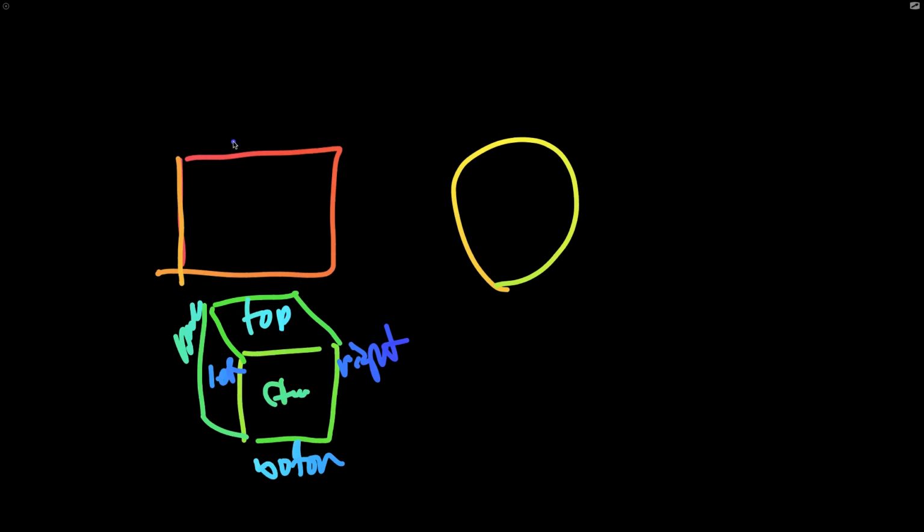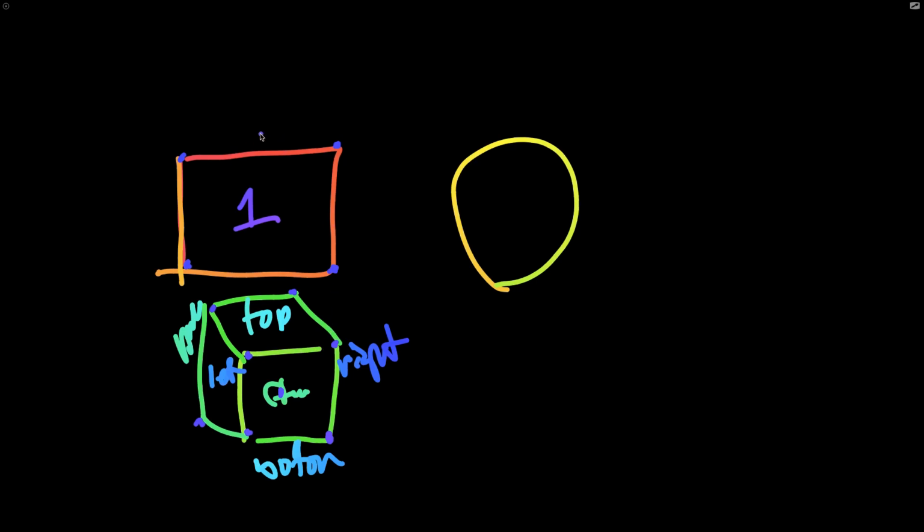So with a rectangle, we really only have to think about 1, 2, 3, 4 different points. With a cube, we have to think about 1, 2, 3, 4, 5, 6, 7, 8 different points that make up that cube. With a rectangle, we only have one plane, right? It's right here. With a cube, we have 6 planes that we have to worry about.